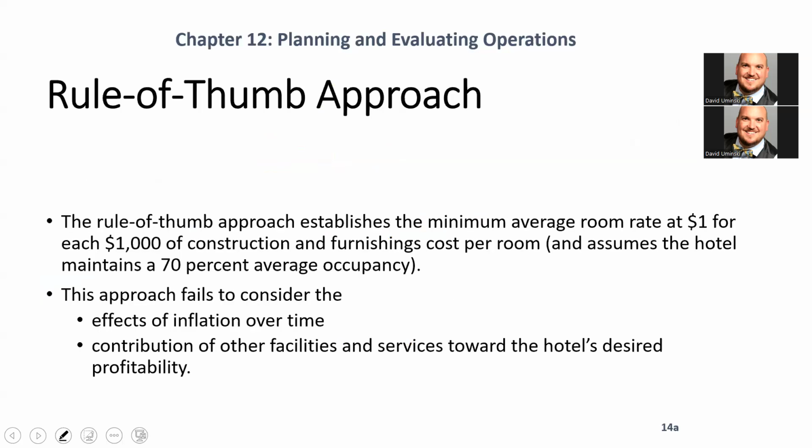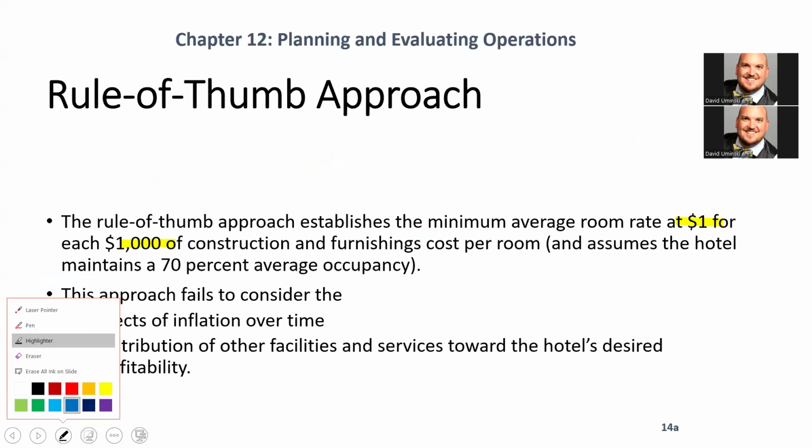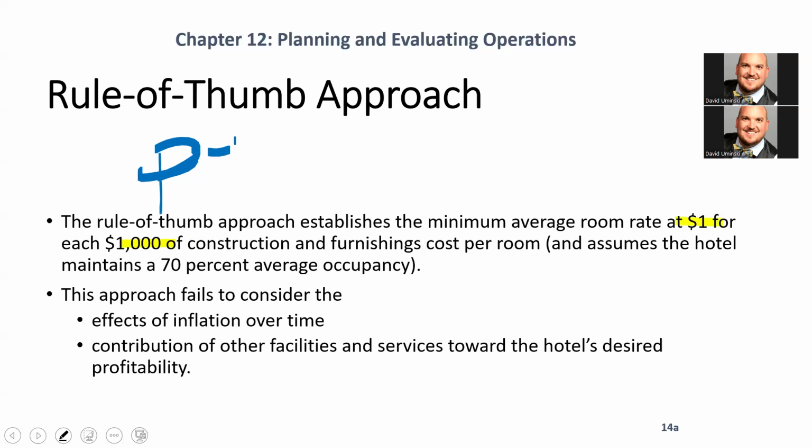The rule of thumb approach says, for every $1,000 of construction, you're going to charge $1 for that room. For every $1,000 in construction costs. Most hotels, when we value hotels, especially when they're being built, we look at an evaluation method called per key.